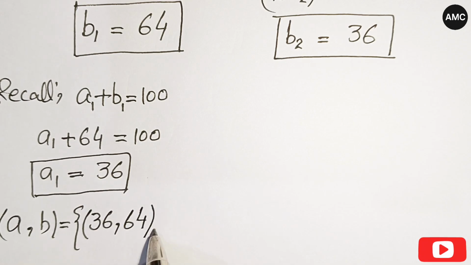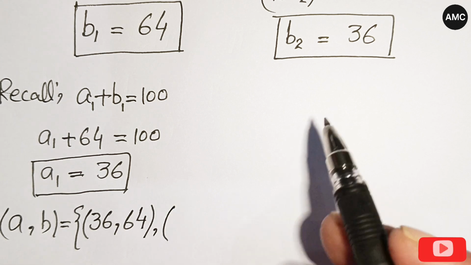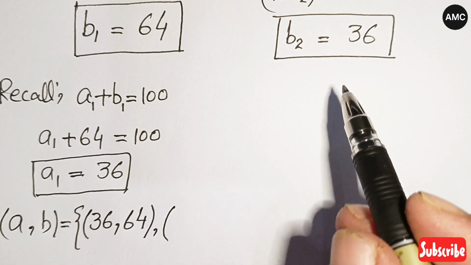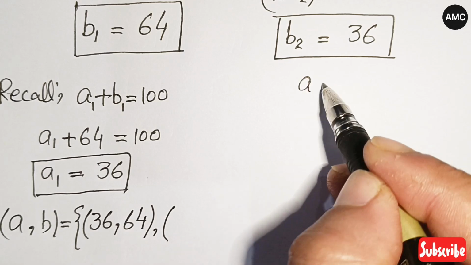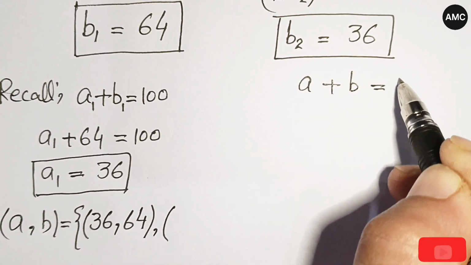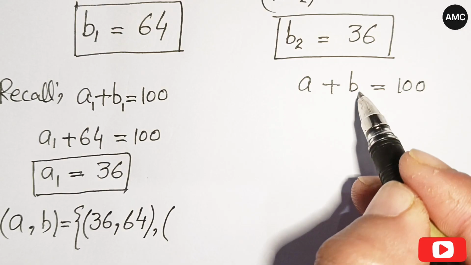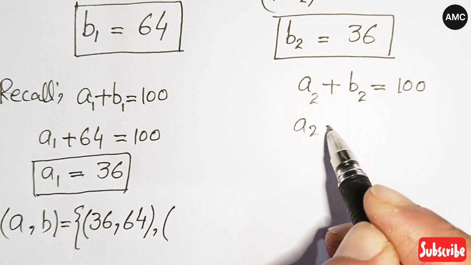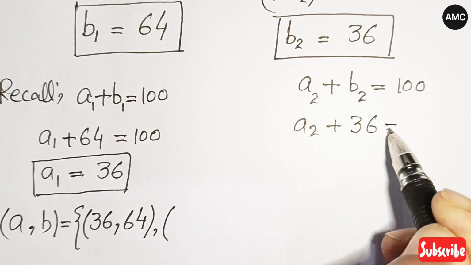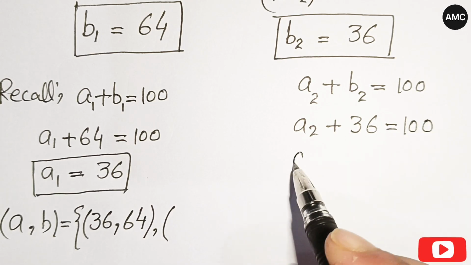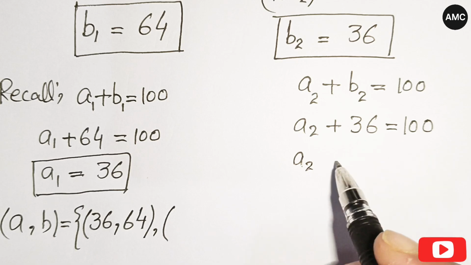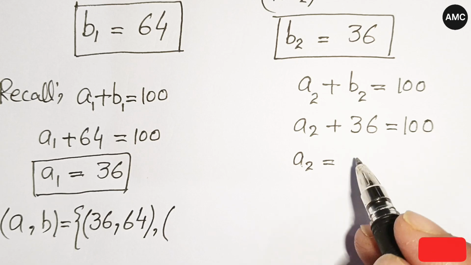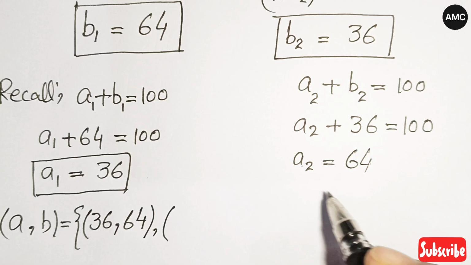Now our second pair of values we will find from this one. So again recall this equation, a plus b is equal to 100. So if we have b2, then a will be a2. So a2 plus b2, which is 36, is equal to 100. Now shifting plus 36 to our right hand side, 100 minus 36 we will get 64.